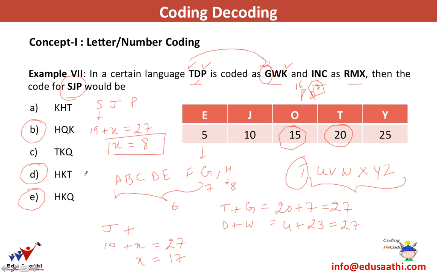So J here would be replaced by Q. So my code becomes H, Q and something. In the second place I have a K here, I have a K here, both of them cancel out. So my correct option is the B part here. I don't need to go further and check. Also because P had K here, so this P will also have a K.